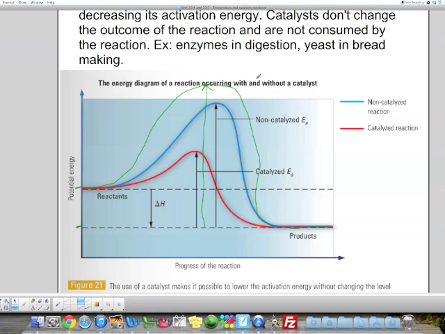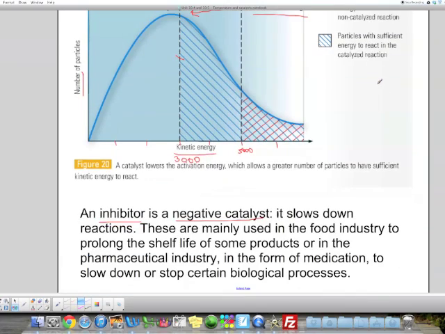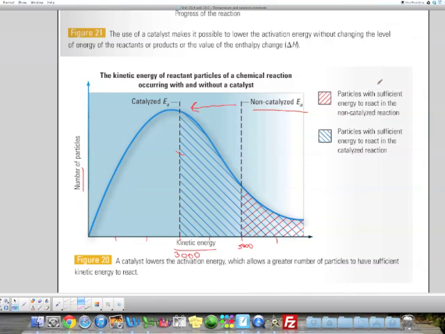So if we looked at the Maxwell-Boltzmann graph over here, how would that look? Well, what I'm doing now is moving this line over this way towards a higher value for the activation energy. So now, for example, my particles would need 6,000 kilojoules in order to react rather than 5,000.